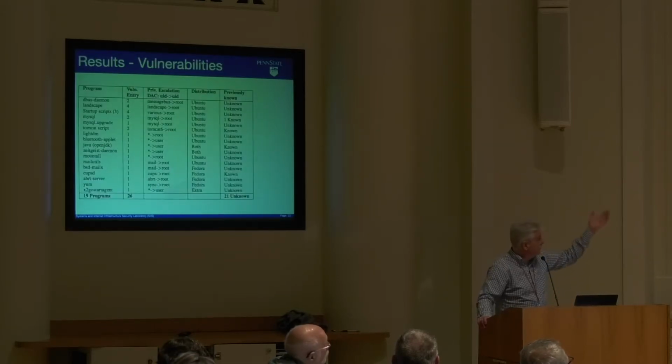And so, for example, here is a list of the problems. There were 21 unknown vulnerabilities detected in these 19 programs, a number of which were system programs being able to attack root programs.